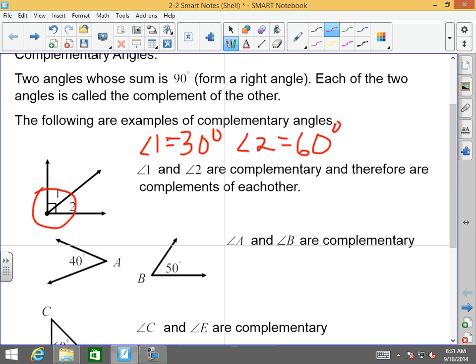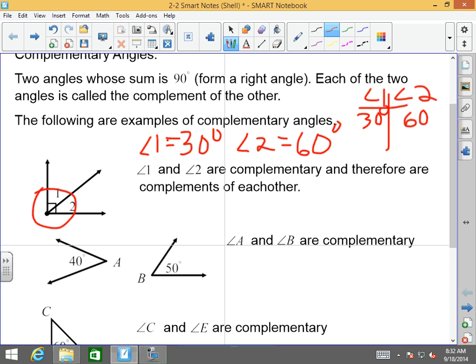Now, remember yesterday we had a brief explanation of this. Think about this now in terms of numbers. If I have angle 1 and angle 2, and I know that angle 2 is 60 degrees, how would I find the complement of angle 2? 90 minus 60, which would be 30.